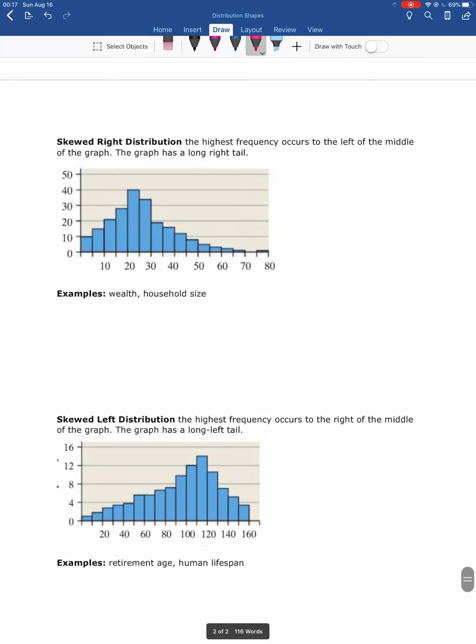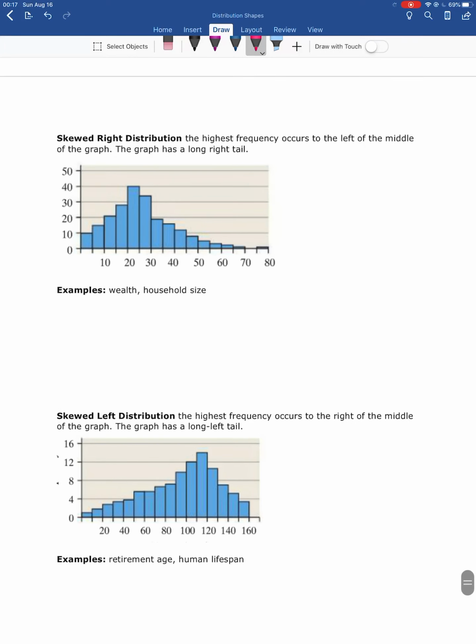And then we have a skewed right distribution. So in a skewed right distribution, the highest frequency occurs to the left of the middle, and the graph has a long right tail, which is why it's skewed right. So if we were to draw this curve, this graph, without actually looking at a histogram, it would look like this.